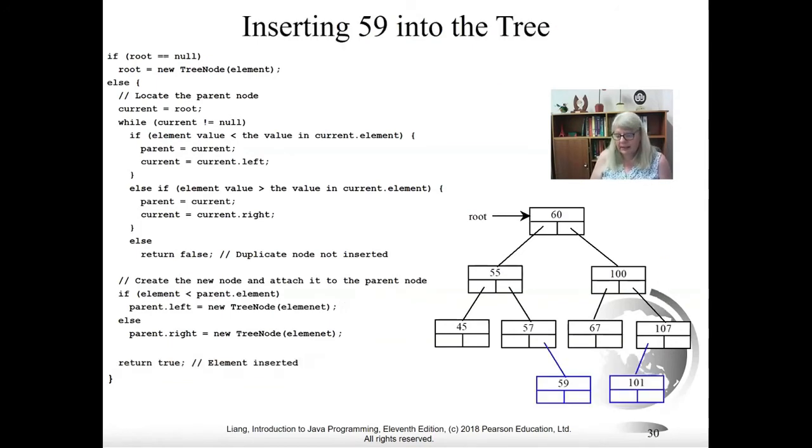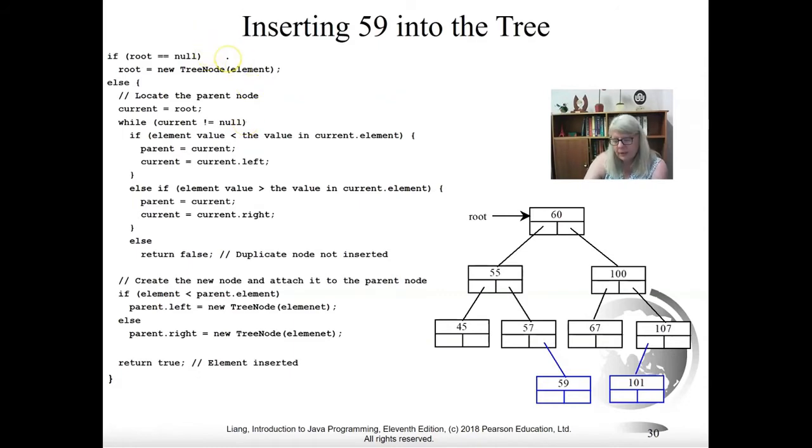Now you can do the same thing again, but not this step by step. We will go quicker through it with a 59. Let's play with this and see if we can figure out how this 59 is inserted. But you have to actually see if you can do it the same way as the 101. So if we want to insert 59, from the top, is the root null?